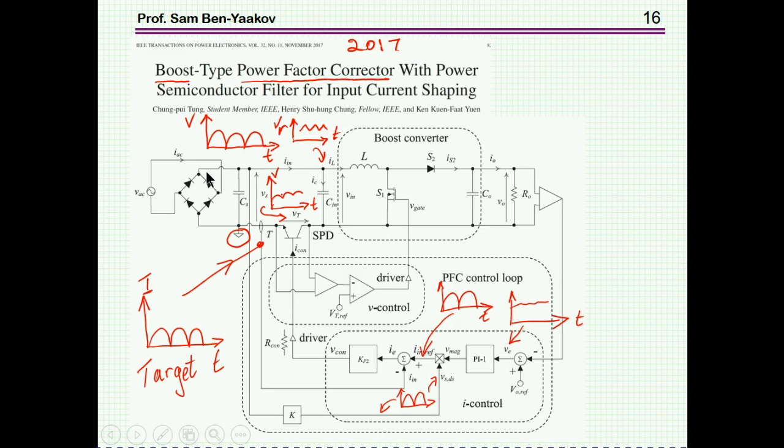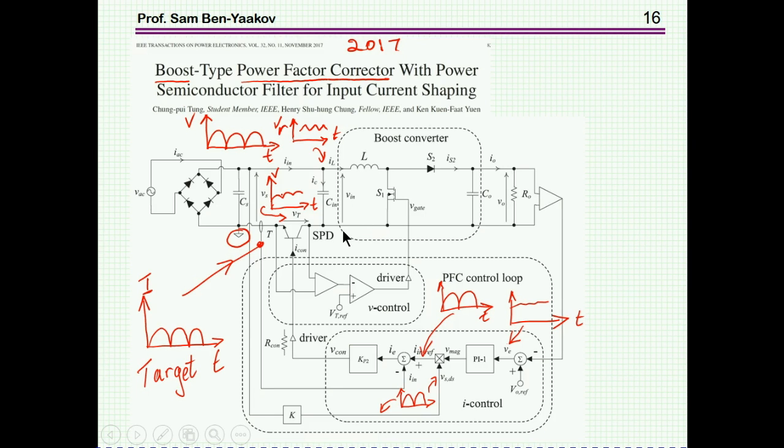This is not supposed to be smoothed DC here, but rather to show the high frequency component coming from here. So this is a small capacitor. Then we have a boost converter. It's an inductor, transistor, and a diode, and an output section.